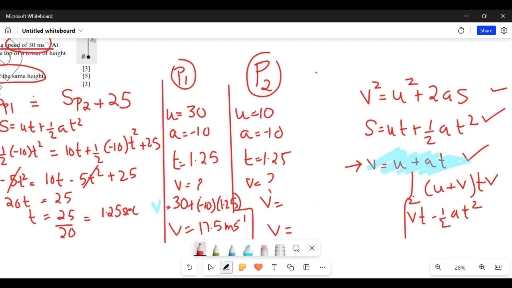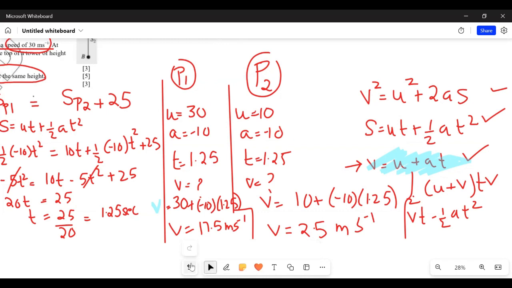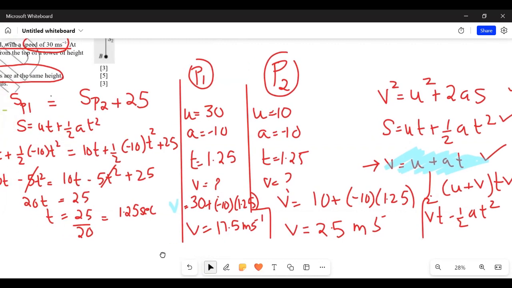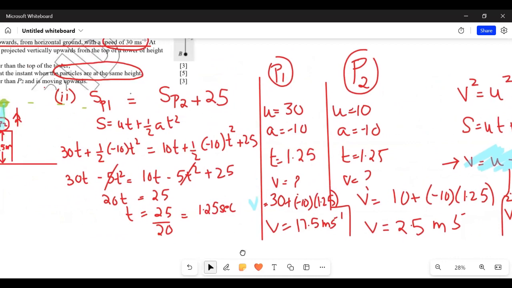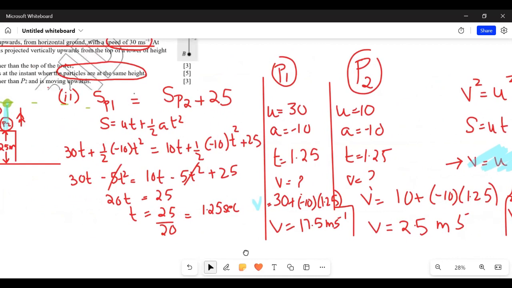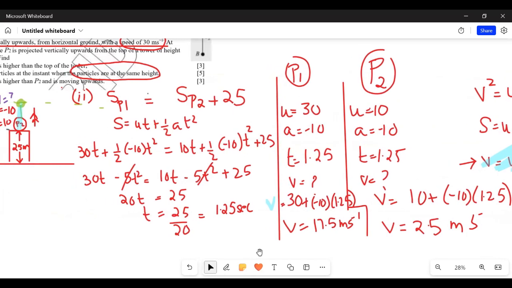V is equals to U is 10 plus A times 1.25, which is 2.5. Okay, that was part B, which was find the velocity when both particles are at the same height.